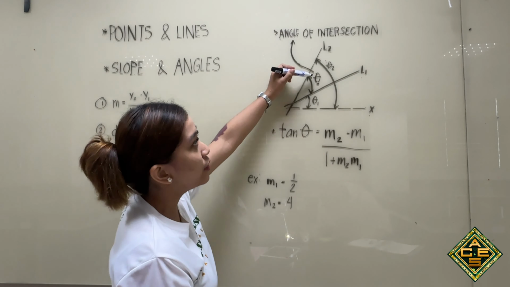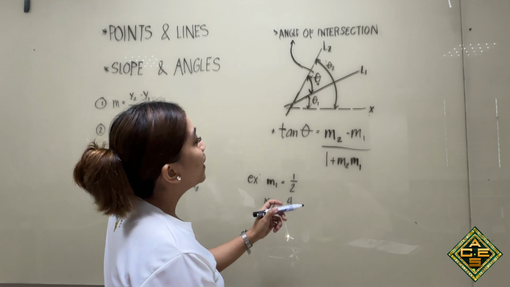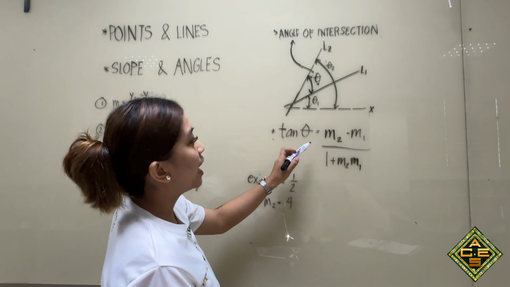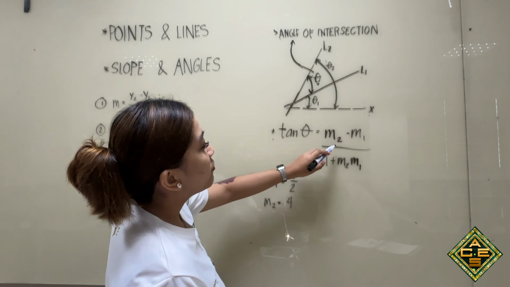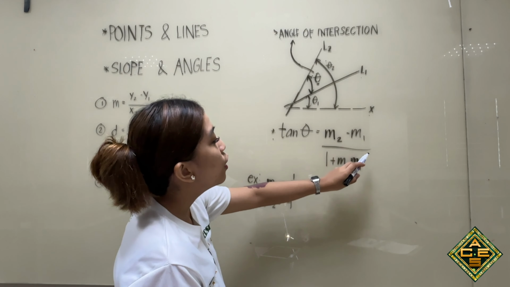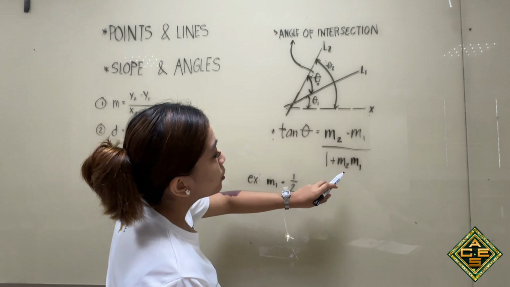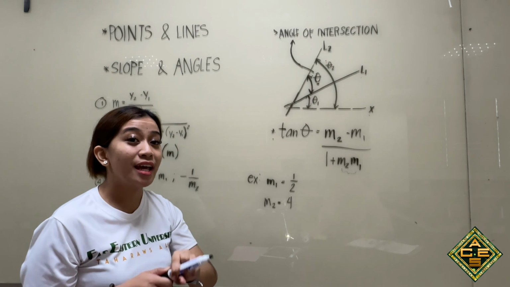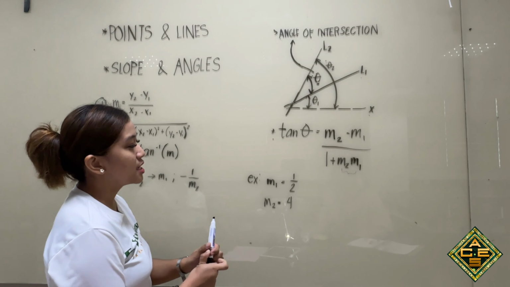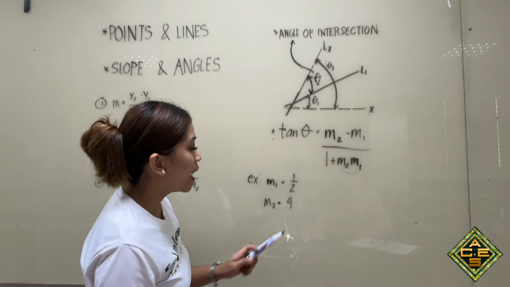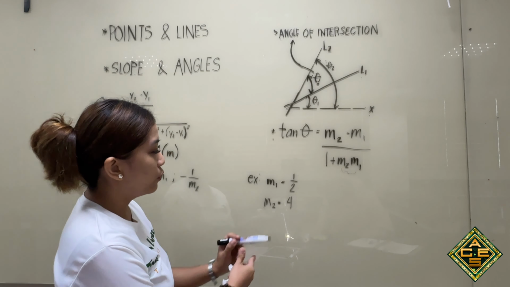So ito daw, angle of intersection na to, makukuha natin using this formula, which is tan theta is equals to the slope of the second line minus the slope of the first line all over 1 plus the product of the two slopes. So let's try this formula by using this example given. So we have the first slope as 1/2 and the second slope 4.